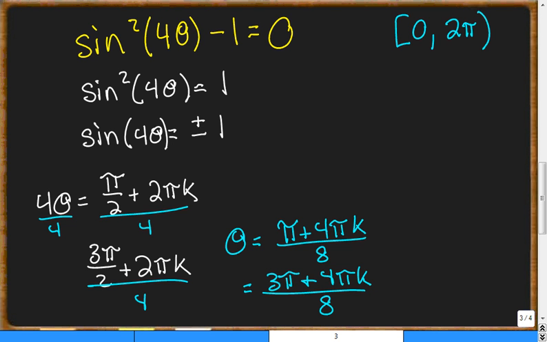Now I have to adjust this because I'm looking at a limited domain here from 0 to 2 pi. So these are the answers on the unit circle, ones that could appear there somewhere. If I look up at the top, I've got 4 theta. That means there is actually 4 times as much going on in this sine function than there would normally be.